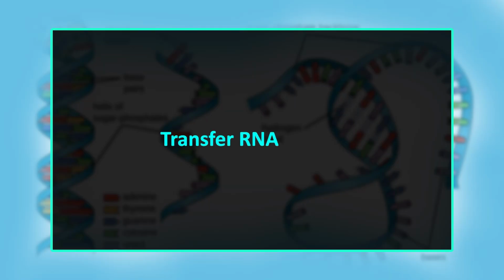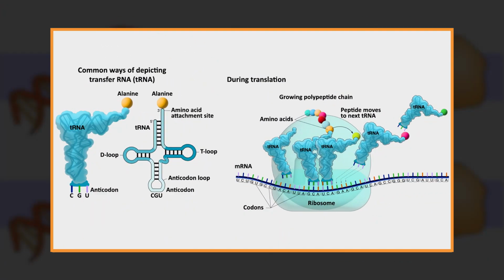Dear students, let's now discuss all of them one by one. First, the transfer RNA, abbreviated as tRNA. This is a small RNA molecule that plays a key role in protein synthesis. Transfer RNA serves as a link or adapter between the messenger RNA (mRNA) molecule and the growing chain of amino acids that makes up a protein.